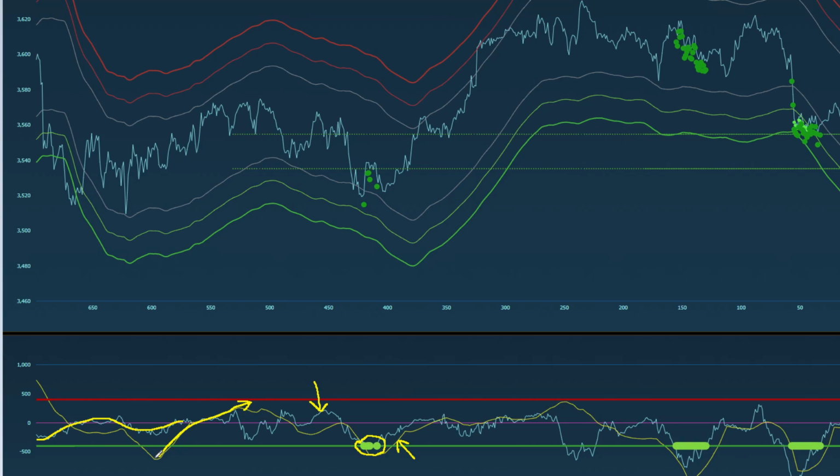So basically the premise is that when they go both below, for example, here, below minus 400, it means that yes, they were in control, but taking the average amount of effort historically that buyers or sellers are able to put into the market at any given time is kind of limited, right?